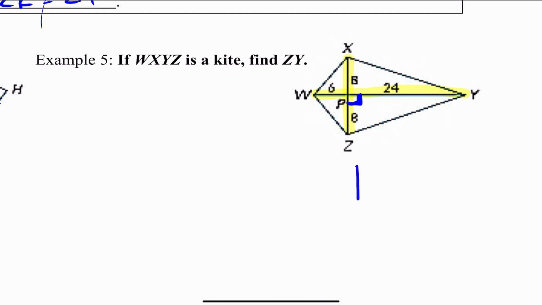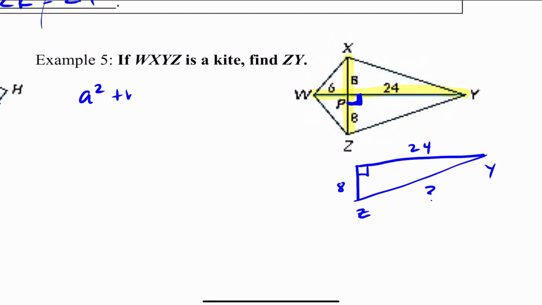So then if I were to replicate this triangle, my goal here is to find this missing side, ZY. This is basically utilizing the Pythagorean theorem: a squared plus b squared equals c squared. And remember that anything across from the 90-degree angle is what we call my hypotenuse, c. So this is the hypotenuse.